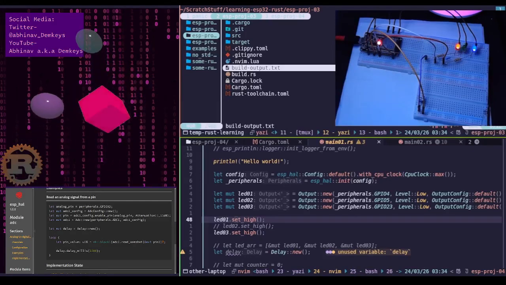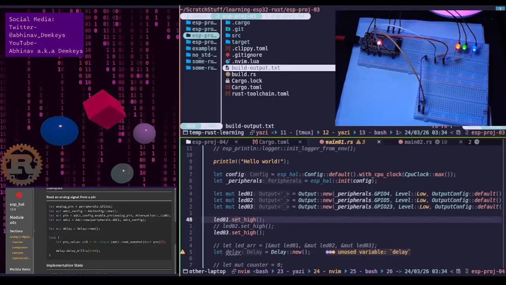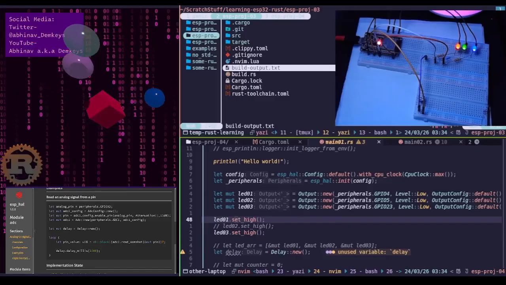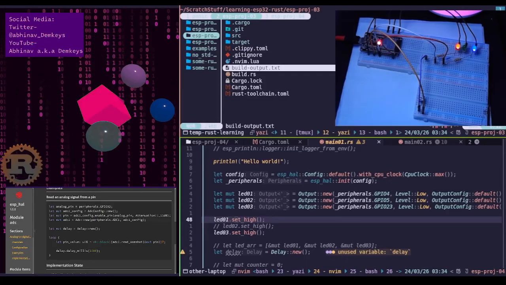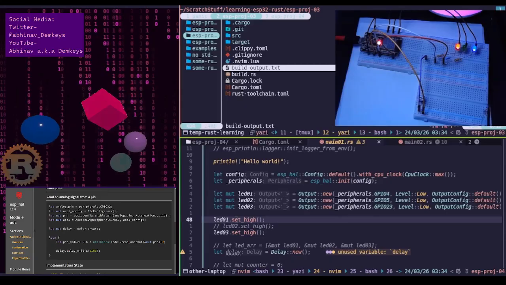However, it can measure voltage using its ADC. A voltage divider turns a change in resistance into a change in voltage. All right. Okay.